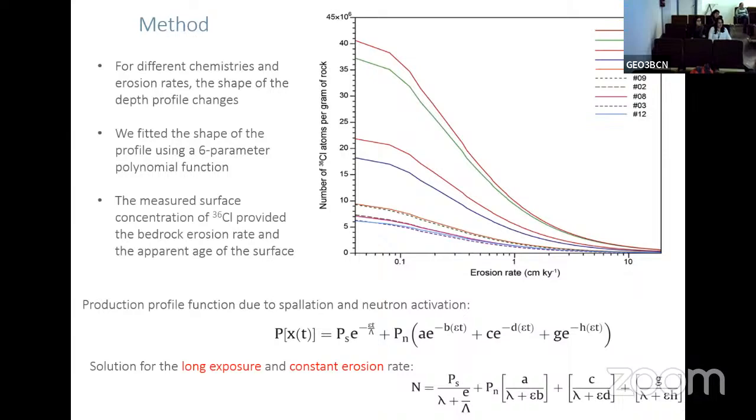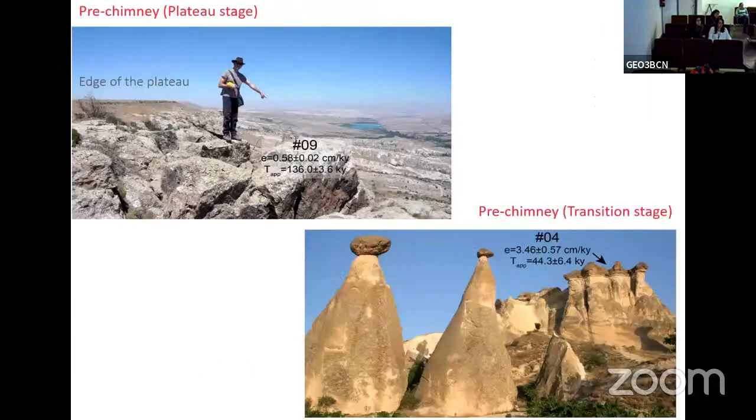But you can see, for example, on the plateau, the erosion rate is 0.6 centimeter per 1,000 years. This is the plateau erosion rate. You can calculate the age as well, but what is interesting for us in this case is the erosion rate.